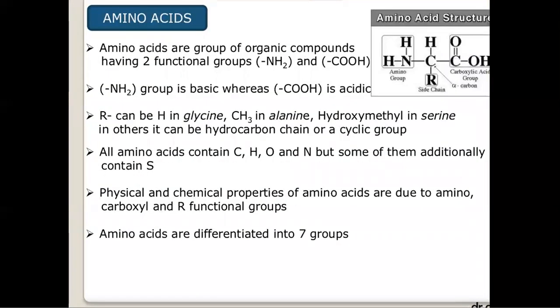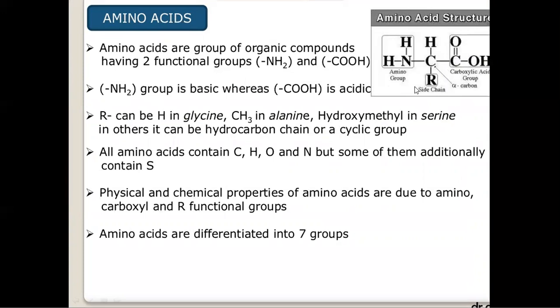And next one is amino acids. The name itself indicates that an amino acid contains an amine group and an acid group. So this is the basic structure of an amino acid. Here the amine group is responsible for basic nature, and the acid group is responsible for acidic nature.